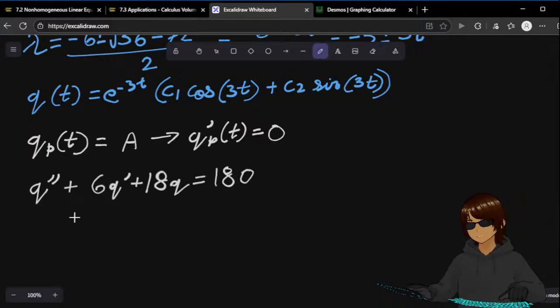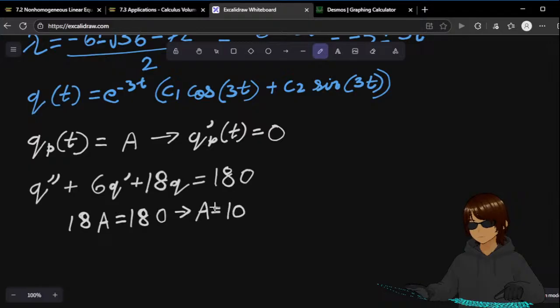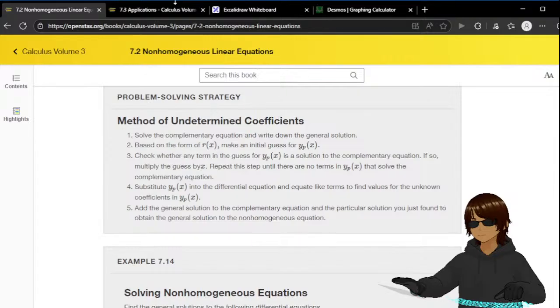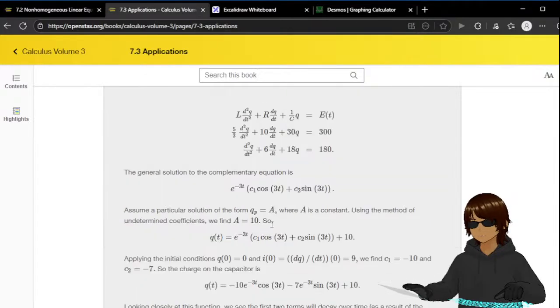So double derivative is 0. 0, 0. 180, which implies that A is equal to 10. If Q(t) is equal to 10, then explain to me how when I plug in t is equal to 0, I don't get 0, instead I get 10. We get A is 10.